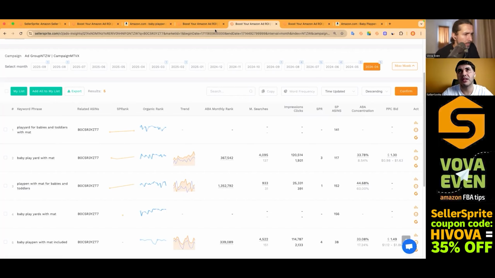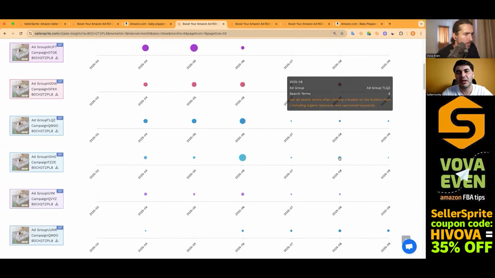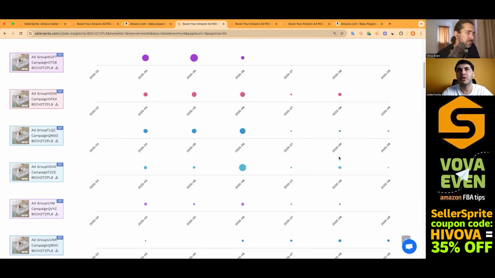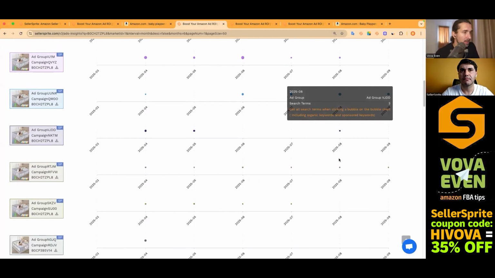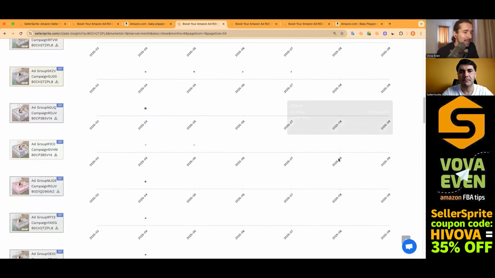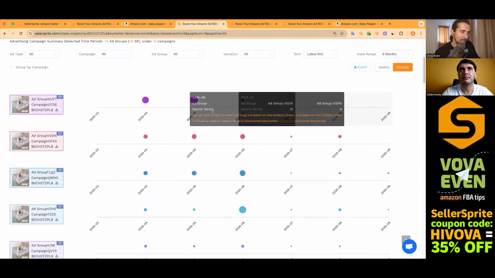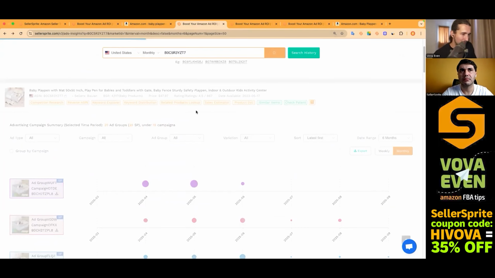Probably you will understand from here. If they are keeping the same keyword for 1 month, 2 months, 3 months, 5 months as an exact campaign, it means, interesting, okay, this keyword works fine. So you go the same way. Yeah, interesting point, the time frame. If you see a keyword that's been in their PPC for many months or years, then most likely, unless they're not optimizing at all, if their ASIN has been there for a while and the seller has been there for a while, they're smart enough to optimize their PPC campaign.